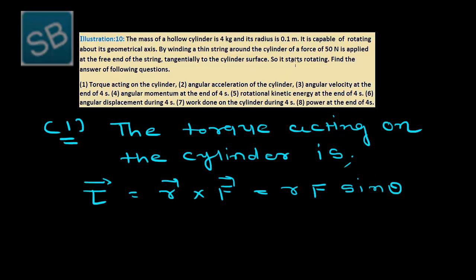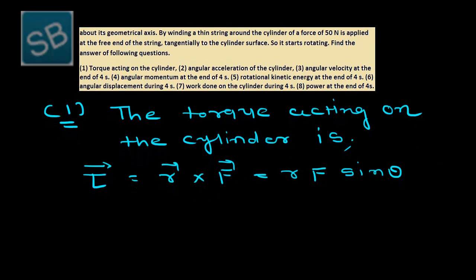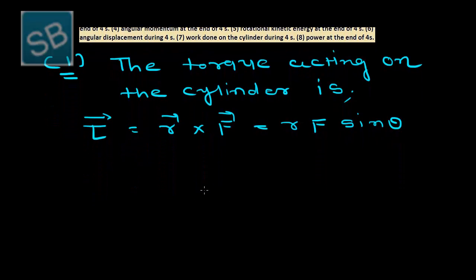Now see, it is given that the force is applied tangentially to the cylindrical surface, and hence the angle between the position vector and the force vector will be 90 degrees, and therefore the magnitude of torque is given by rF because sin 90 is 1.